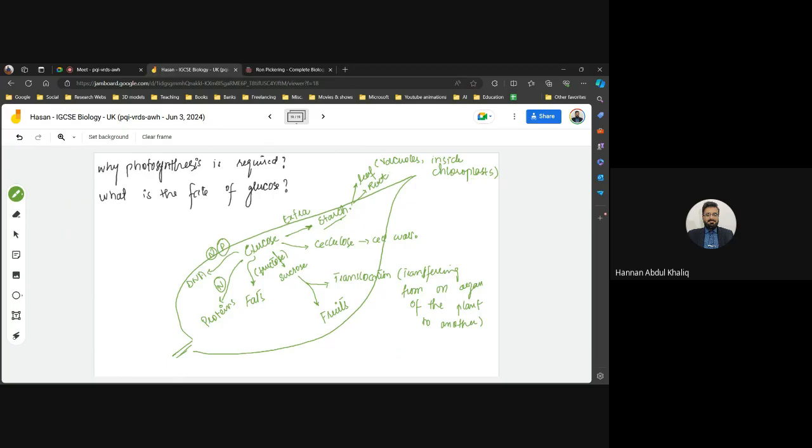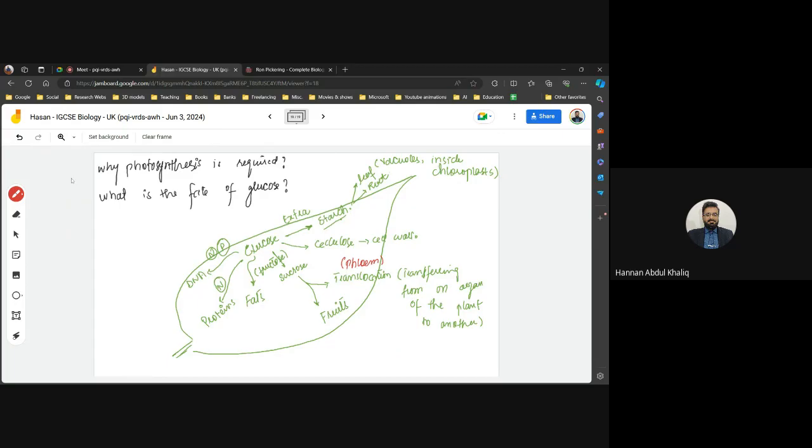So this is a map that you should know, how the things would happen. Remember that we have to integrate the concept of the other chapter here, that phloem is involved in the translocation. We put the sucrose into the phloem so it can be transported to different parts of the plant.